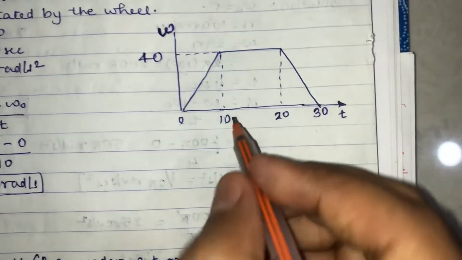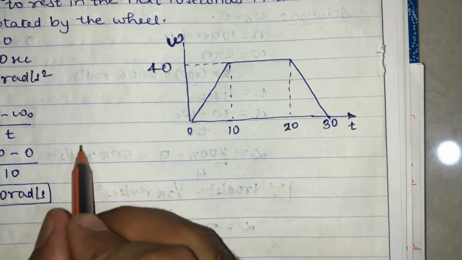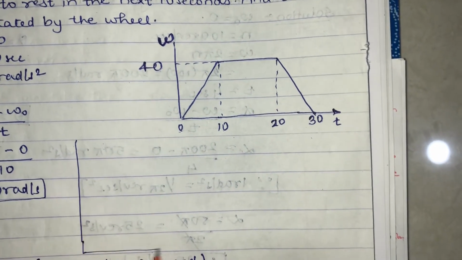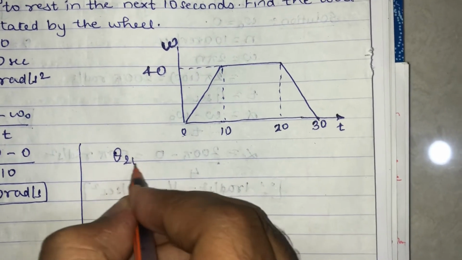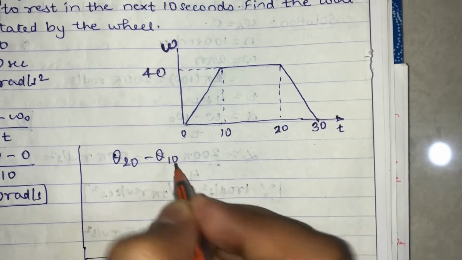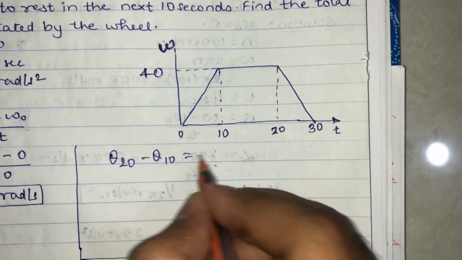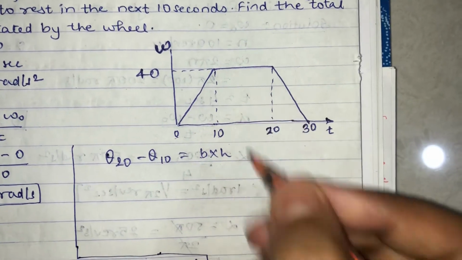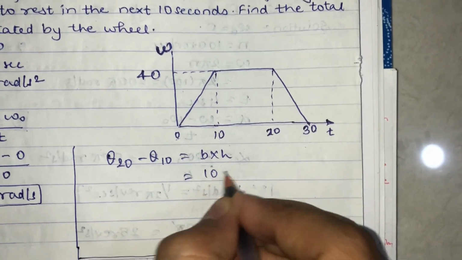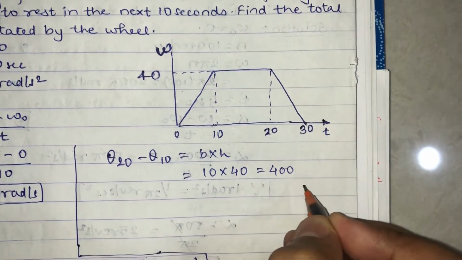Okay, let's move to the next part, which is 10 to 20. Let's see how it changes. Now theta 20 minus theta 10 is base into height, as it is a rectangle. Base into height is 10 into 40, which gives me 400.